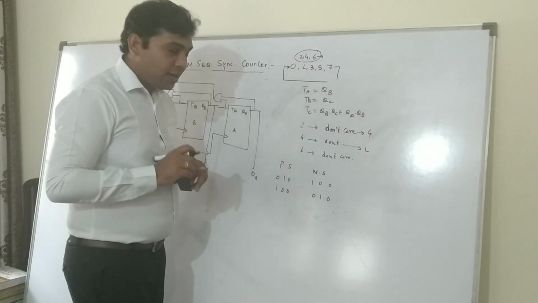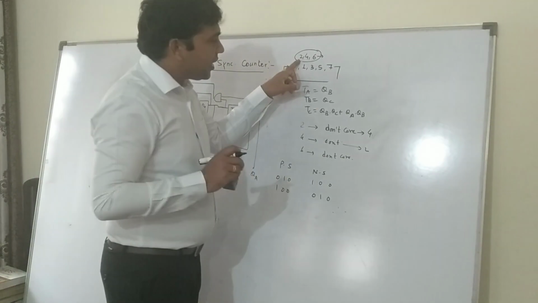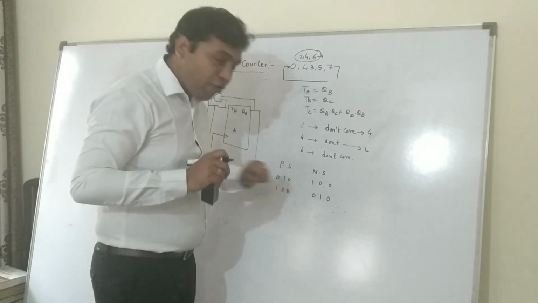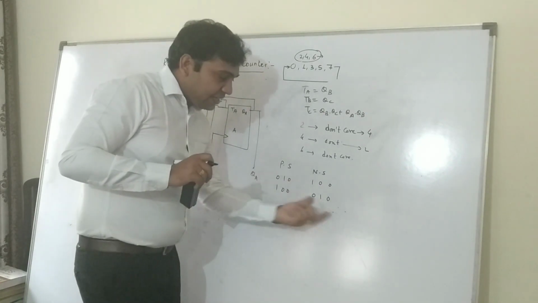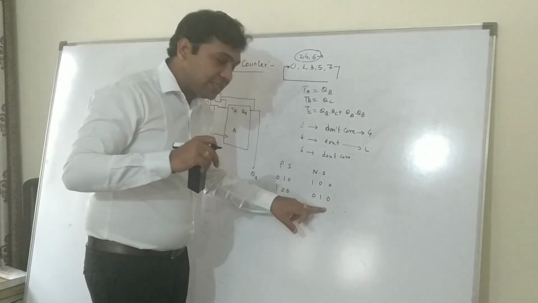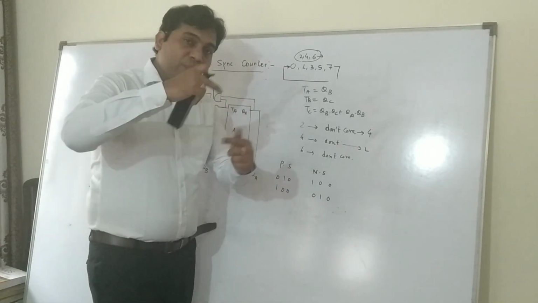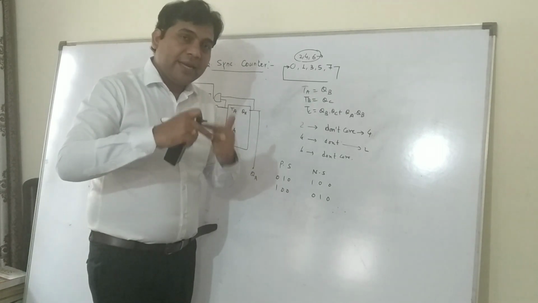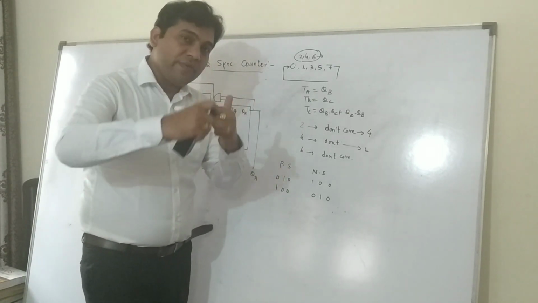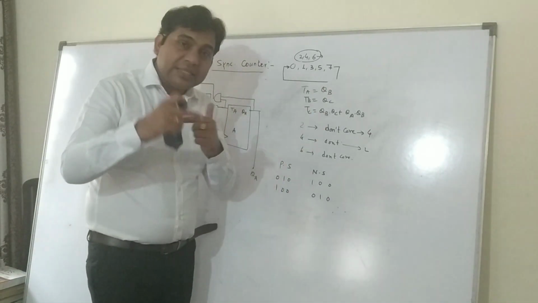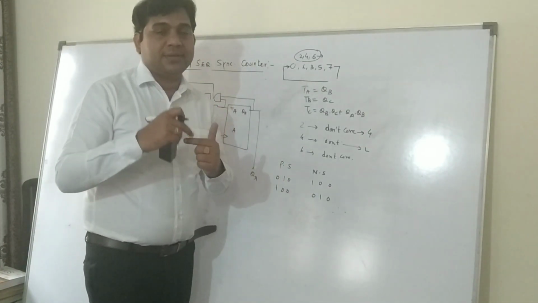What will happen? If at any time state number 2 comes, unintentionally or accidentally, the next state will be 4. And since we have designed the circuit such that if the present state is 4, the next state is 2, the counter will move 2, 4, 2, 4, 2, 4 like this. It means the counter will be locked in these 2 states. We call this situation a lockout state.